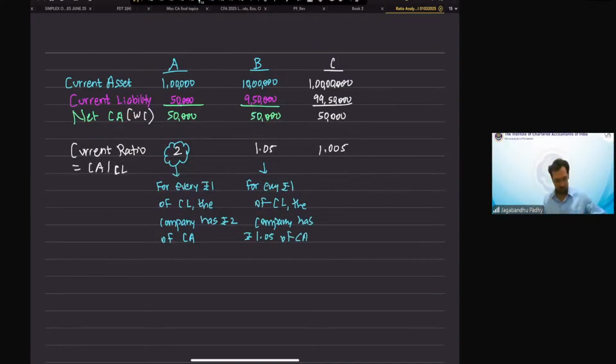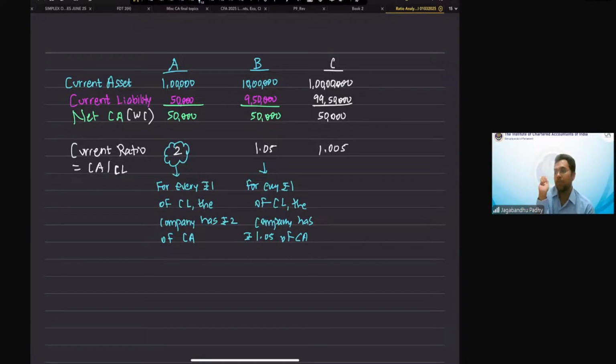Now, out of these two companies, A and B, which one do you feel is more capable of honoring its obligation, of paying the current liabilities? Obviously, company A. Why? Because company A has current asset which is double that of current liability.